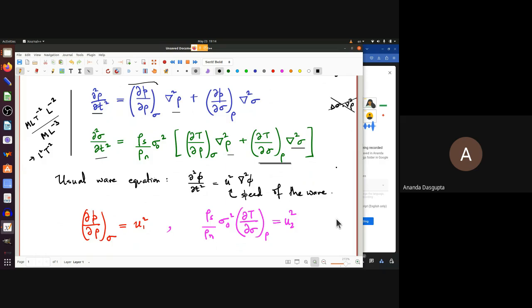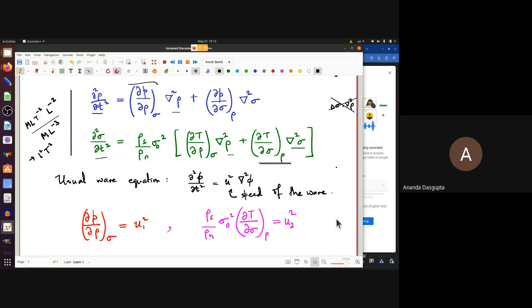In the two cases where sigma were constant, that's sigma zero, or rho was constant at whatever average value rho zero it had, in those two cases the wave-like propagation of rho on the one hand and sigma in the other case would be rather simple.